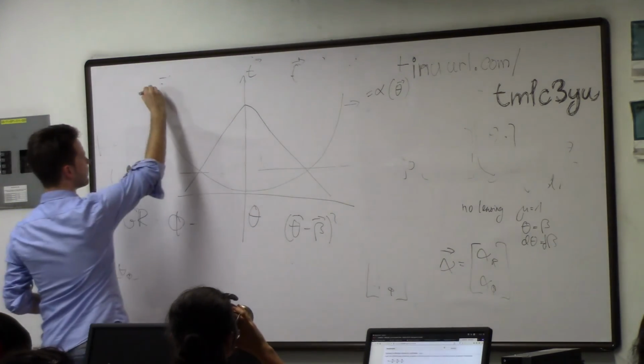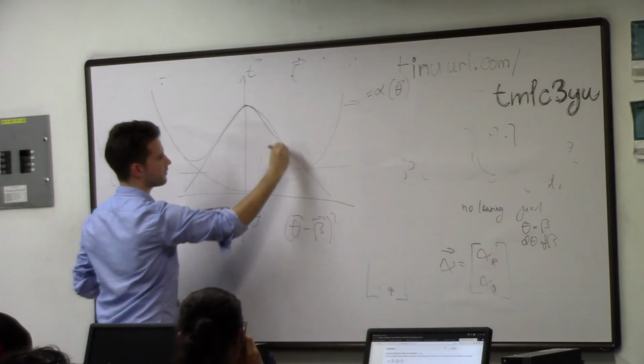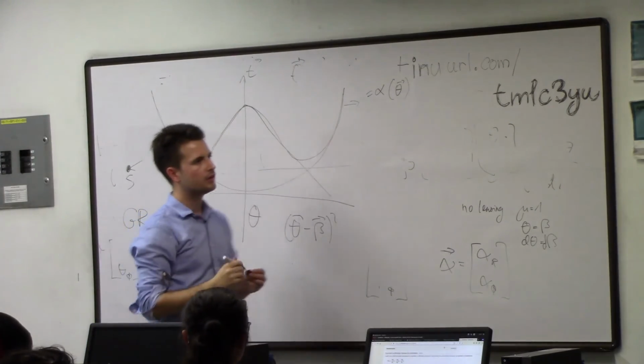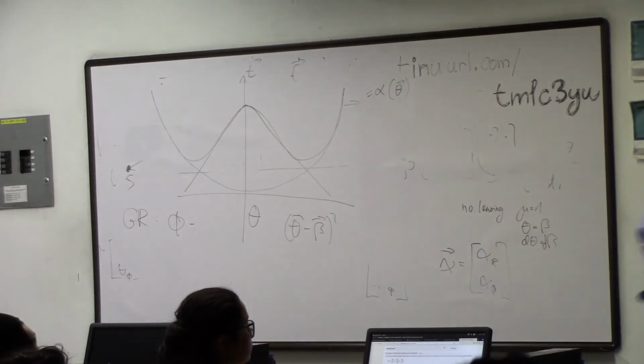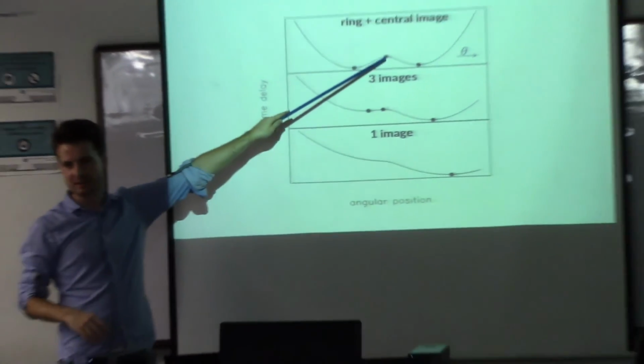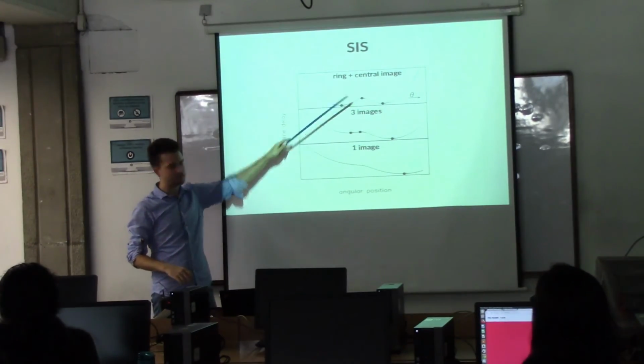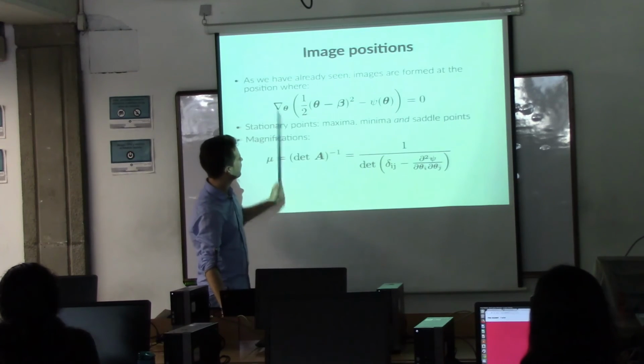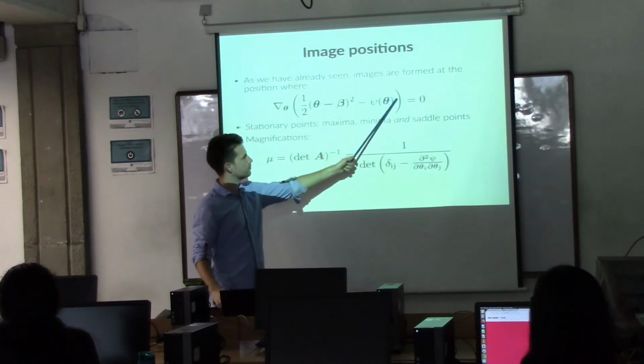For a source that's right behind the lens. Which is this case. And so we have minimum here, maximum here. I'm just sketching the term in the brackets here.